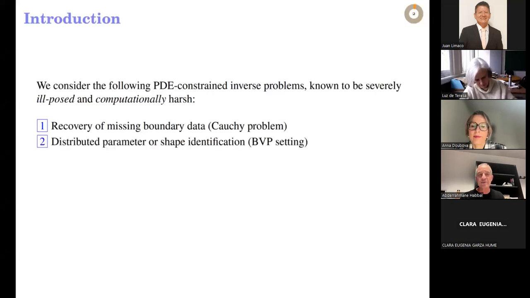And the second family of problems, which is more classical in the inverse problem setting, is the identification of distributed parameters or of geometrical items, like the shape of the domain where the PDE is evolving, or like inclusions or obstacles inside this domain.